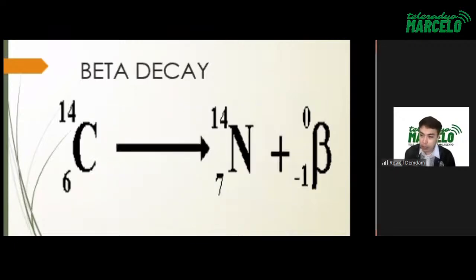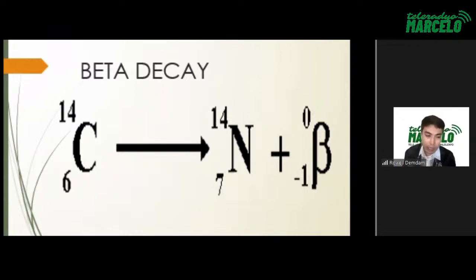You can see that the nuclear equation shown on your screen happens to be carbon-14. When carbon-14 emits a beta negative particle, it transmutes into an atom of nitrogen-14, with a nuclear charge of 7. So that's what happens in the process of beta decay.